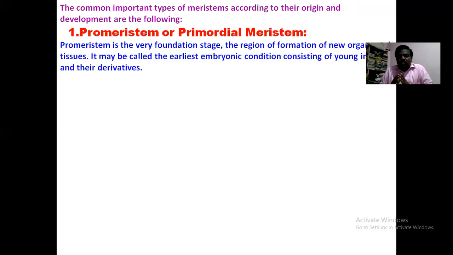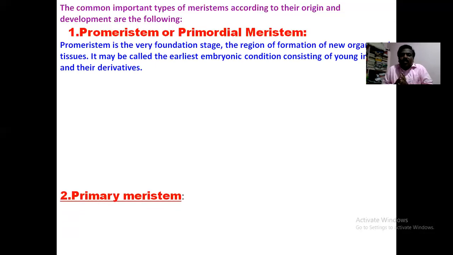Promeristem is the very foundation stage, the region of formation of new organized tissues. It is the earliest embryonic condition, consisting of young initials and their derivatives. This tissue is present in the embryo stage of the plant body.